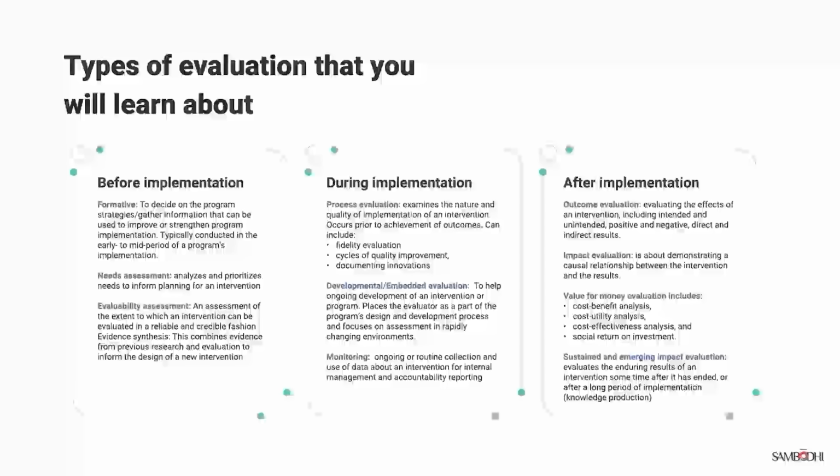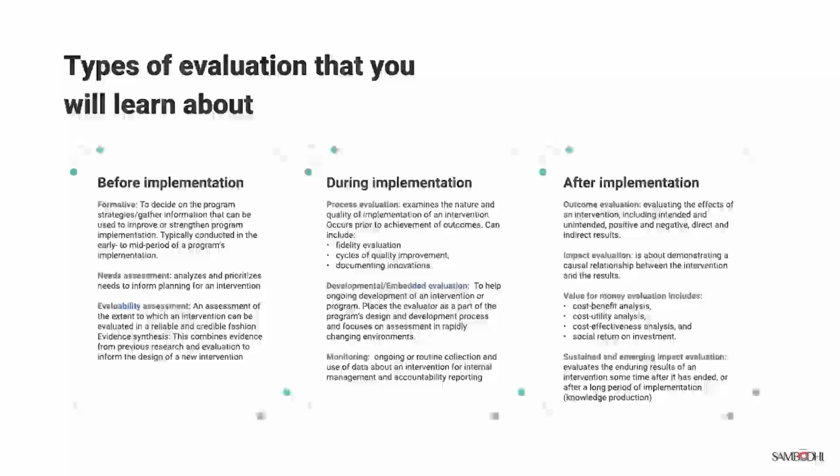Before implementation. At this stage, there are 4 types of evaluations, which include formative evaluation, which helps decide on the program strategies which can be used to improve or strengthen the program implementation. Then there is needs assessment, which analyzes and prioritizes needs to inform planning for an intervention.